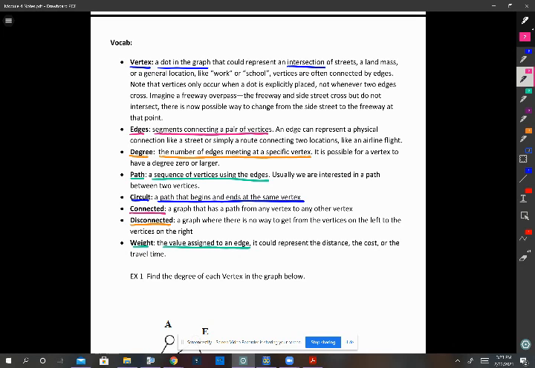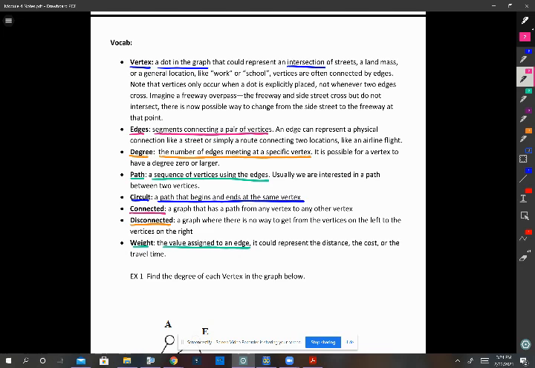Some other things that we need to talk about is the vertex. A vertex is just a dot in the graph, and it can represent an intersection of streets. It could represent the school or a house. It could represent the cost to go from one place to another, the distance from one spot to another, anything like that.